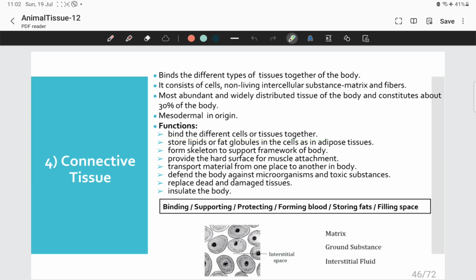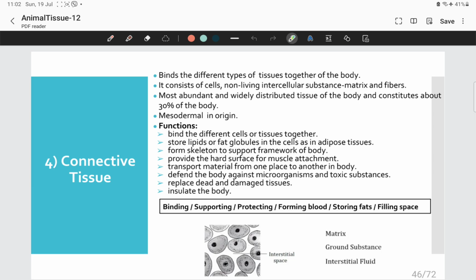Besides that, it also has various other functions. It stores lipid or fat in the cells known as adipose cells. Similarly, it supports our body with the help of bone and cartilage. It provides the hard surface for muscle attachment with the help of tendon, which we'll discuss in coming slides.